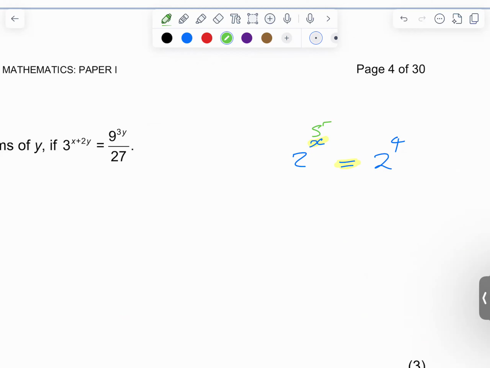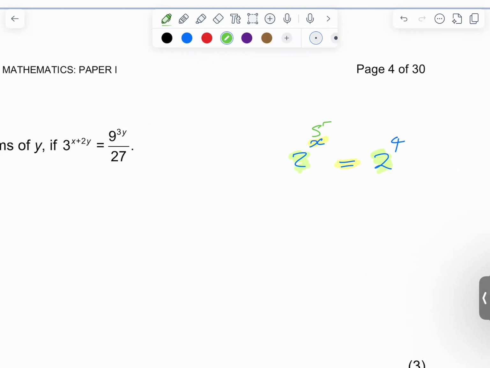So the principle is that for as long as you've got bases that are the same, for you to have identical answers on both sides, the exponents must be the same. That's how it works.